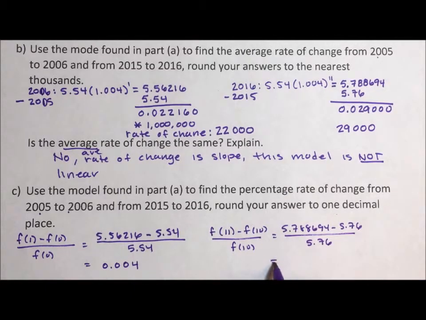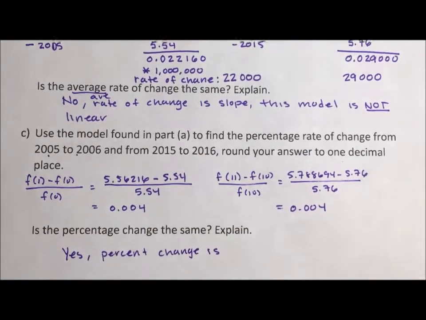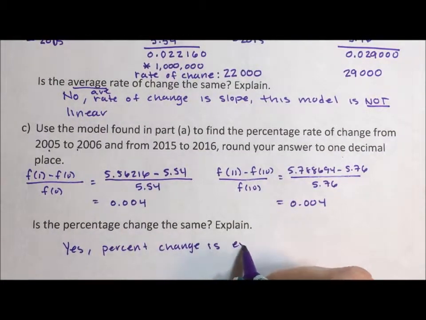This one takes a little more rounding, but it's 0.004. Are they the same? Yes. Why? Because percent change is exponential. And this is an exponential equation.